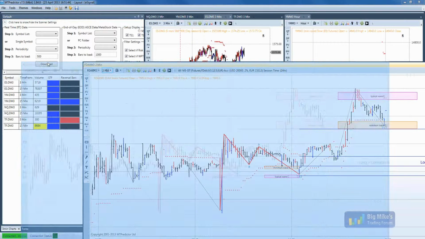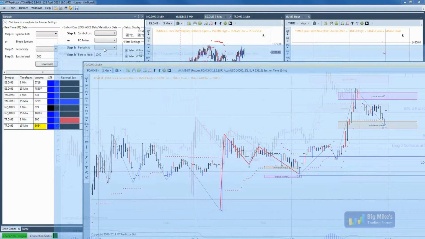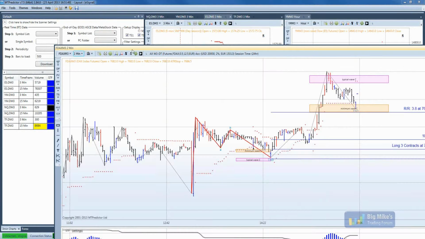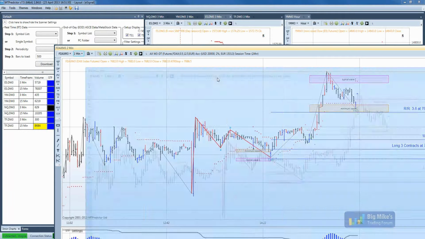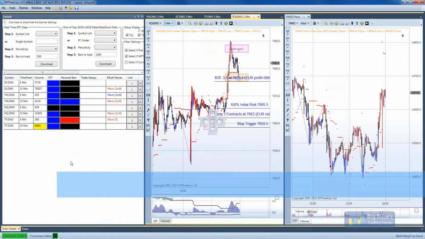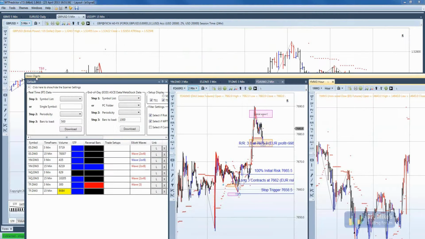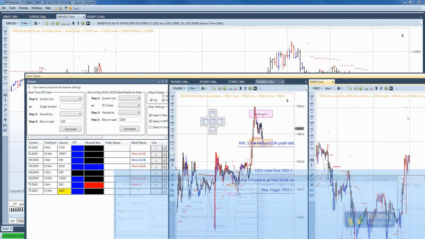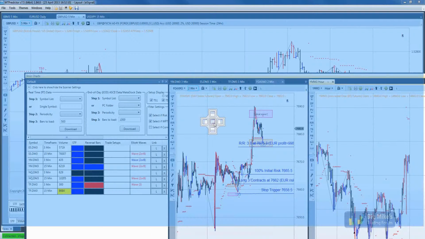You can float them off into a different window if you wish. You can basically grab and drag and do whatever you wish. In fact, you can take a whole workspace like I've got there and take the whole workspace with all the charts inside off to a different monitor as well. So there's lots of things you can do with how you organize your MTPredictor charts and workspaces and all things like that.